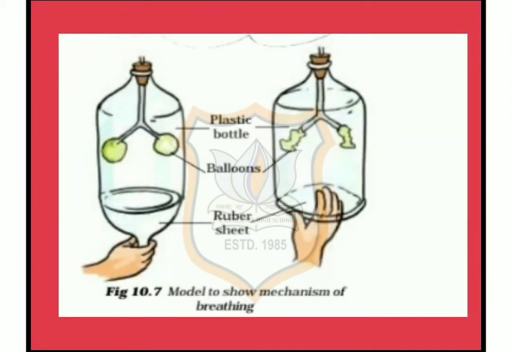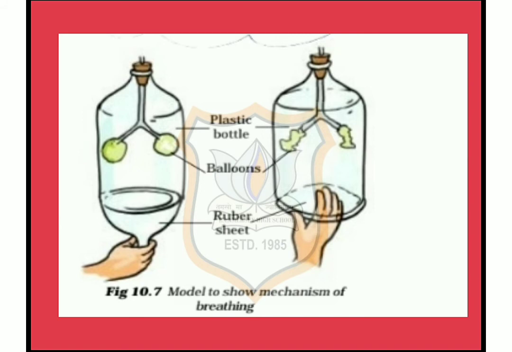To understand the expansion of the lungs, pull the rubber sheet from the base downwards and watch the balloons. Now push the rubber or plastic sheet up and observe the balloons. You will observe that when the rubber sheet is pulled from the base downwards, air enters the balloons through the Y-shaped plastic tube and the balloons inflate.